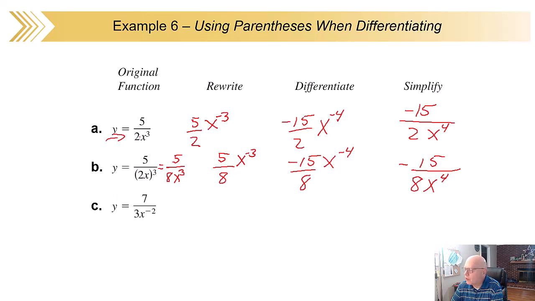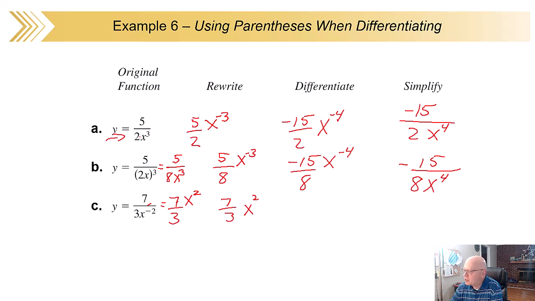First of all, we're going to rewrite that. Notice that this x down here has a negative exponent. So this is going to make it a little bit easier for us. We've got 7 on the top, 3 on the bottom, and this x to the negative 2 can be written as x to the positive 2 up here. And this is our rewrite, 7/3 x squared, not really different.